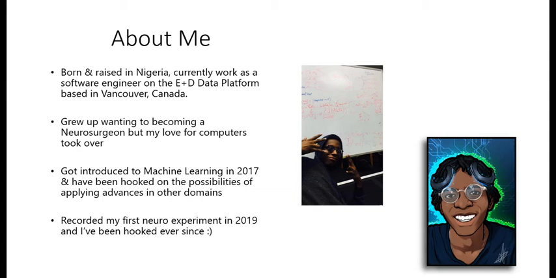But beyond that, there's also what exists when we merge these advances in machine learning with these different fields. And so I came back to my interest later in 2019 when I ran my first neuroscience experiment. And since then, I've just been playing around with it, learning a bit more, asking people questions.